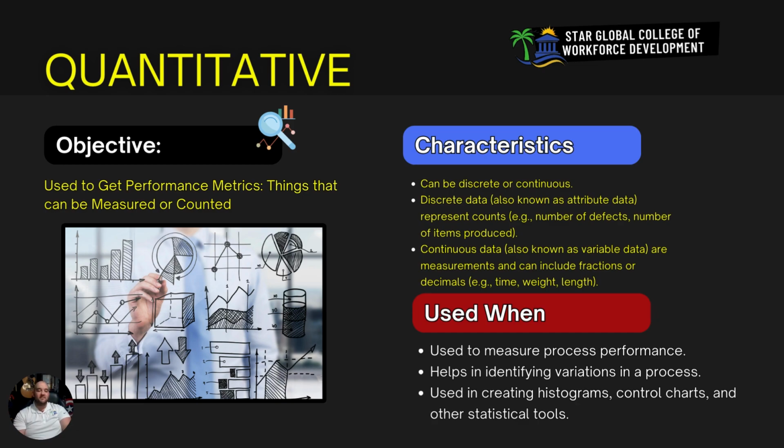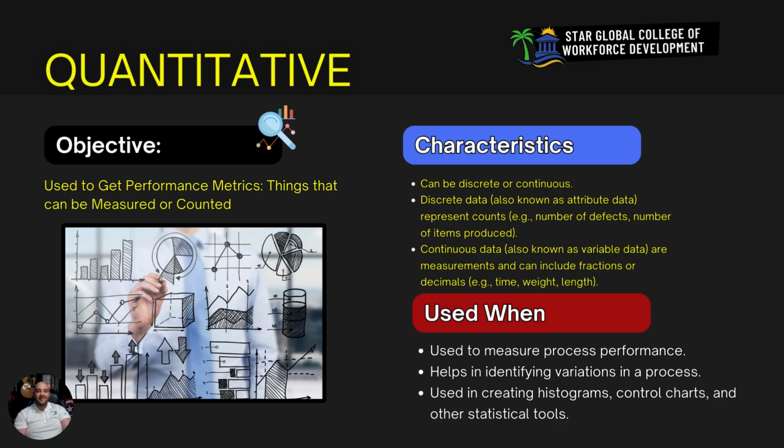Now, quantitative data is used to measure the performance metric. It helps in identifying various variations in the process, and it's used to create charts such as a pie chart, histogram, control chart, a bar graph, and other statistical tools.